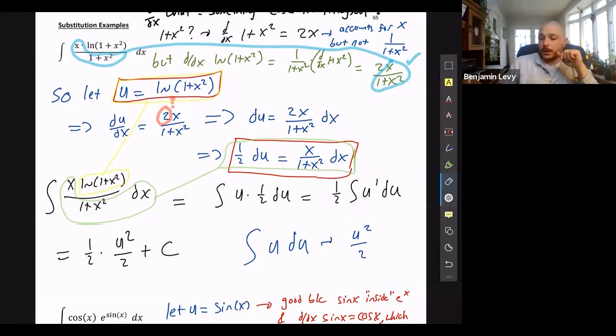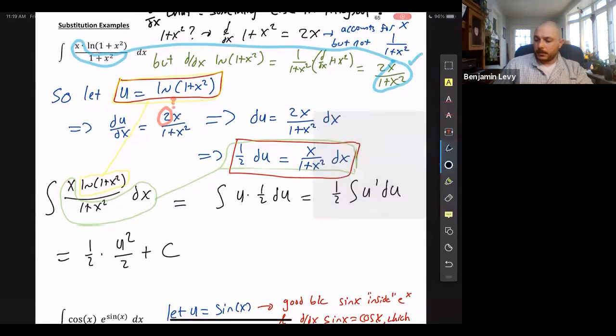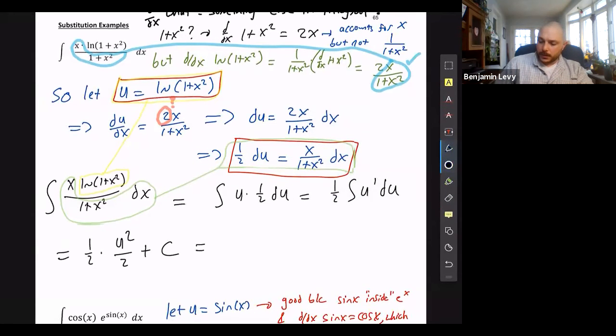And so now we want to plug the u back in, right? The whole point of taking the u out is so that we can do this integration, so that we can make it easier. We do the easy thing, and then we plug it back in. Right, so I guess I can do it in 2 steps just in case it's confusing, right? The 2's multiply together to give you a 4, and then you can plug the ln back in.